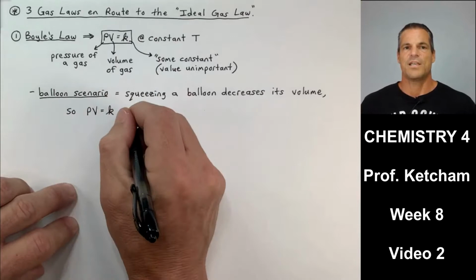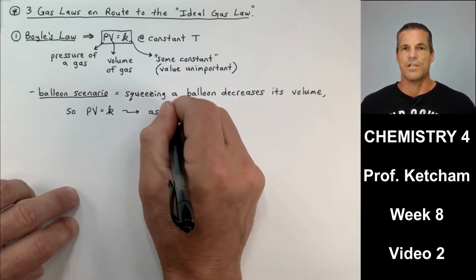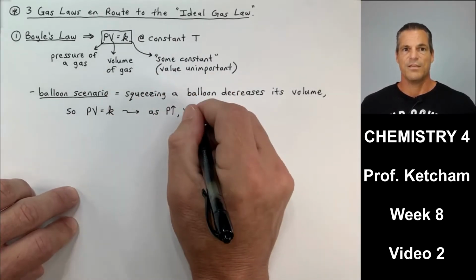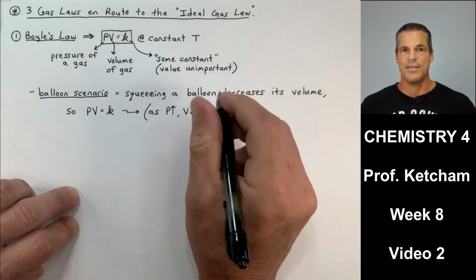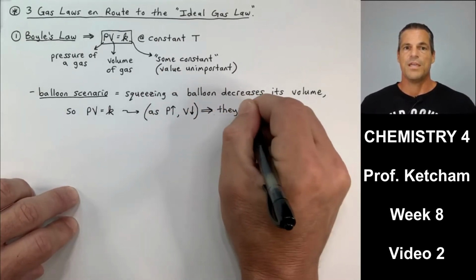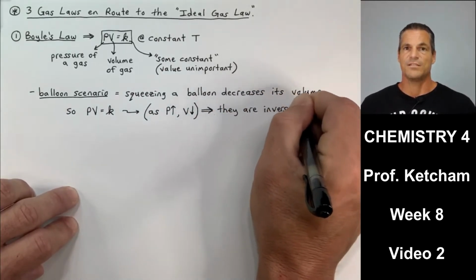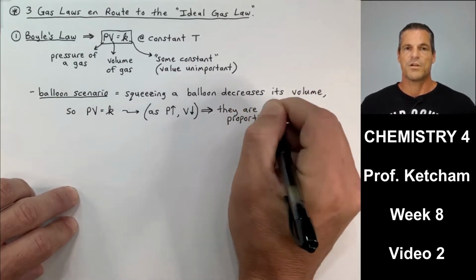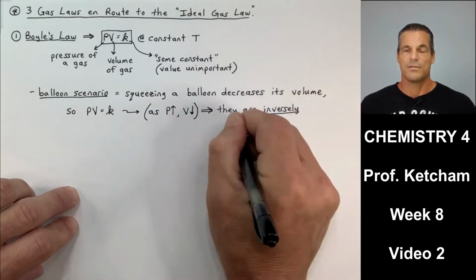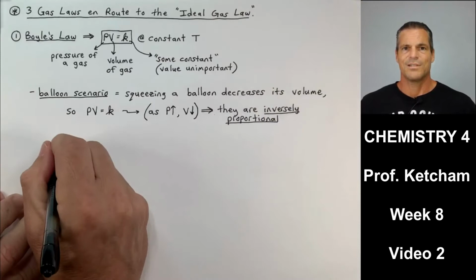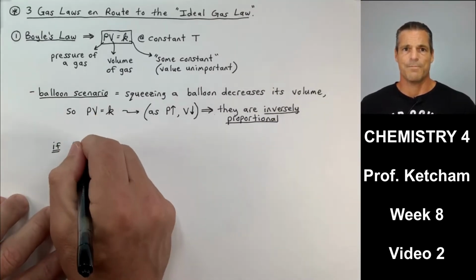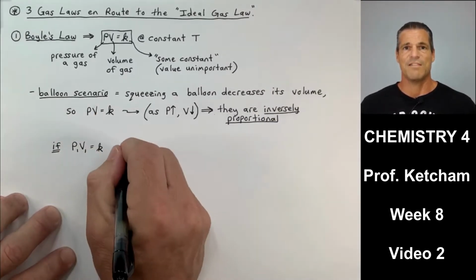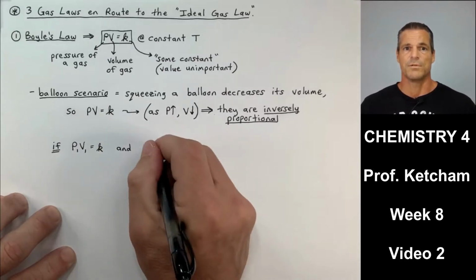What I'm trying to say here is that if pressure times volume, or PV, equals some constant K, then if P increases, V decreases. If pressure goes up, the volume goes down, and vice versa, of course. So this is an inverse relationship, or we would say that P and V are inversely proportional.